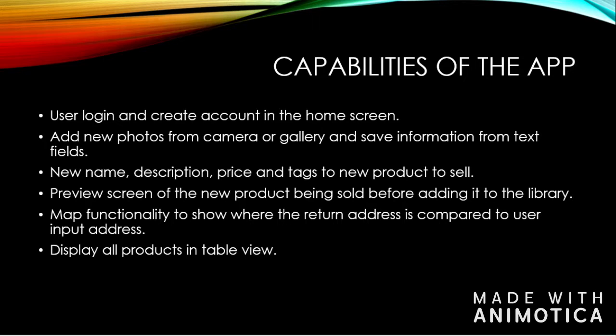So in the capabilities of this app, we have the user login, create account, and add photos from the camera or gallery to add new products into the app. You can add a name, description, price, and tag for all the products to be sold.